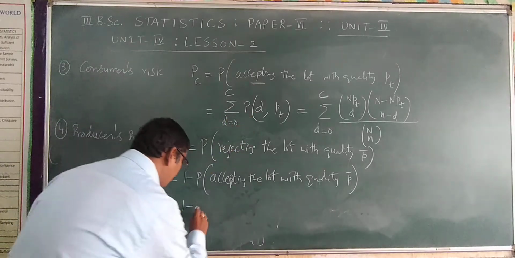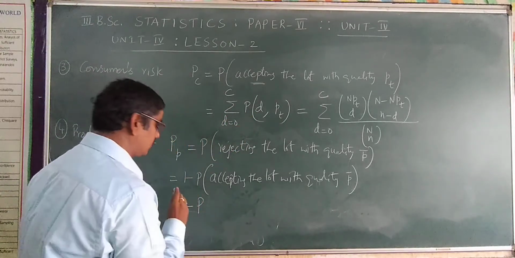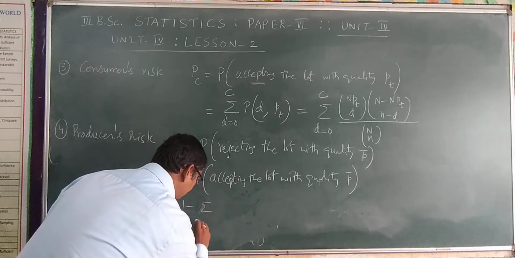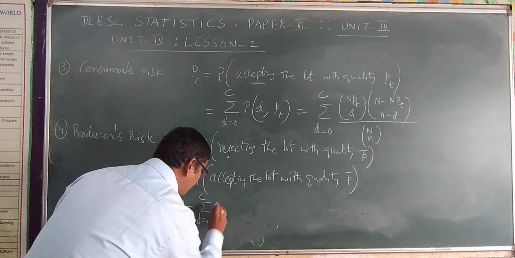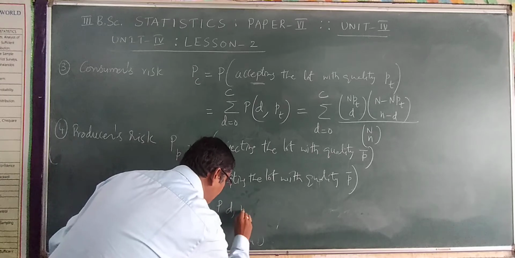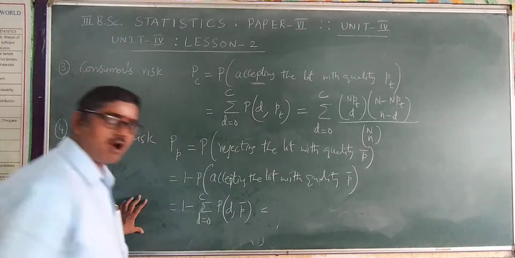Now, as we know the formula of accepting, the probability of accepting the lot is summation d is equal to 0 to c probability of d comma p bar.